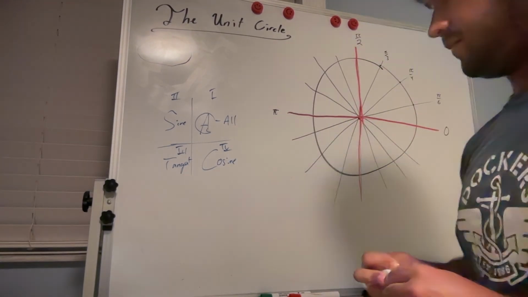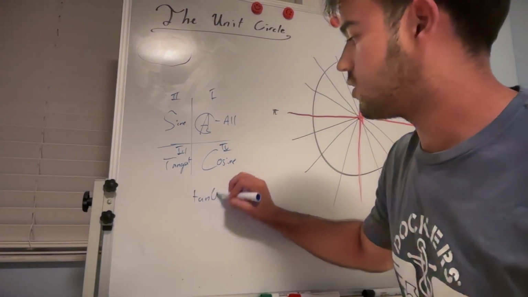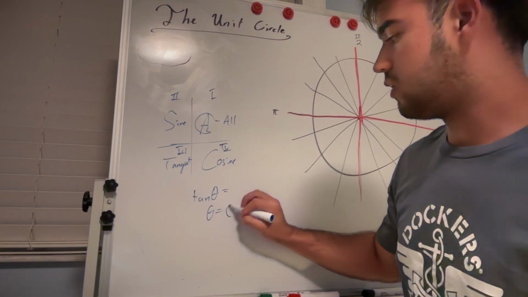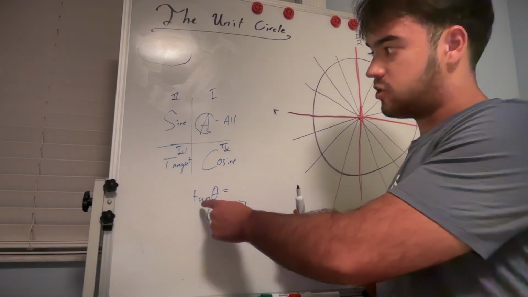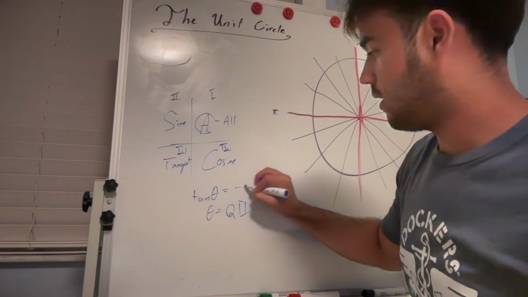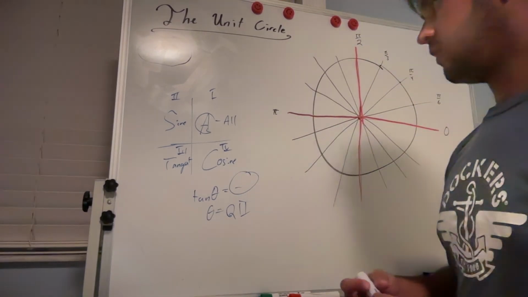Meaning that if I were tasked to find tangent of some angle where the angle is in quadrant 2, well, it's tangent and only sine is positive in quadrant 2. So this answer must be negative, 100%.